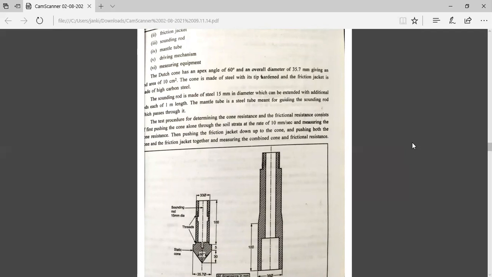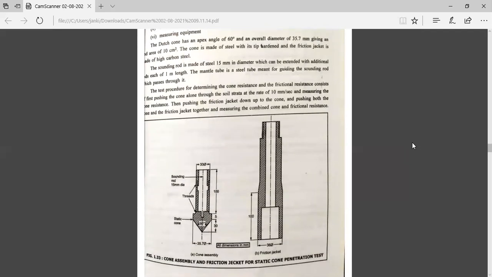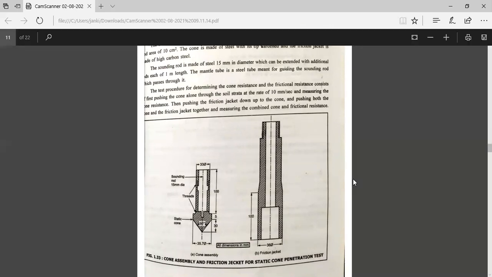The Dutch cone has an angle of 60 degrees and an overall diameter of 35.7 mm, as you can see. The end area is 10 square centimeters. The cone is made of steel with its tip hardened, and the friction jacket is made of high carbon steel.